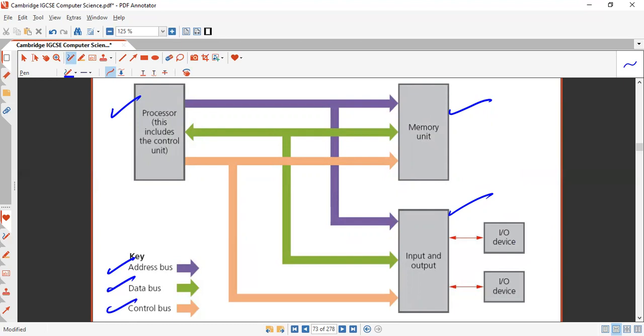The address bus is responsible to bring the address of that particular memory location from where you need to fetch the data. The data bus is going to fetch that particular data whose address is provided by the address bus. And finally, the control bus is responsible to control all the operations taking place. Now, the data and control buses are bidirectional, whereas the address bus is unidirectional.